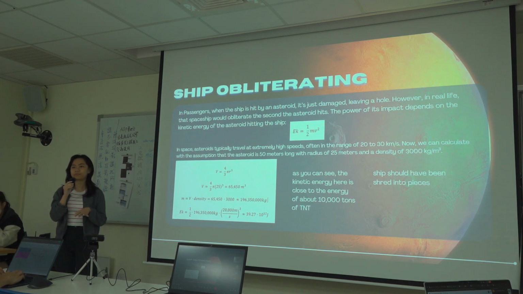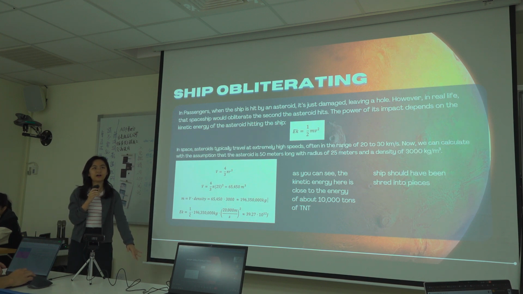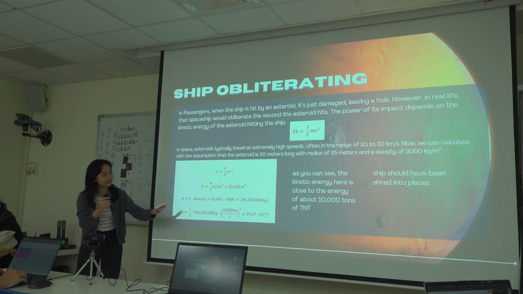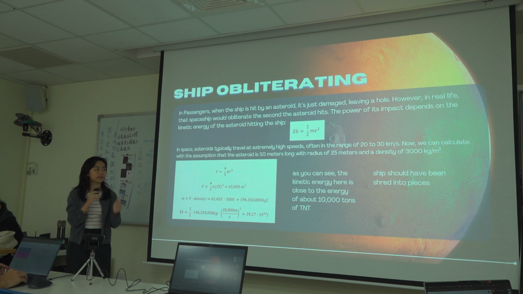After getting this calculation, I compared it to the energy of explosives that we know, and one of them is TNT. One ton of TNT explosion is, I'm sorry, I didn't write it here, about 4 times 10 to the power of 9 joules.